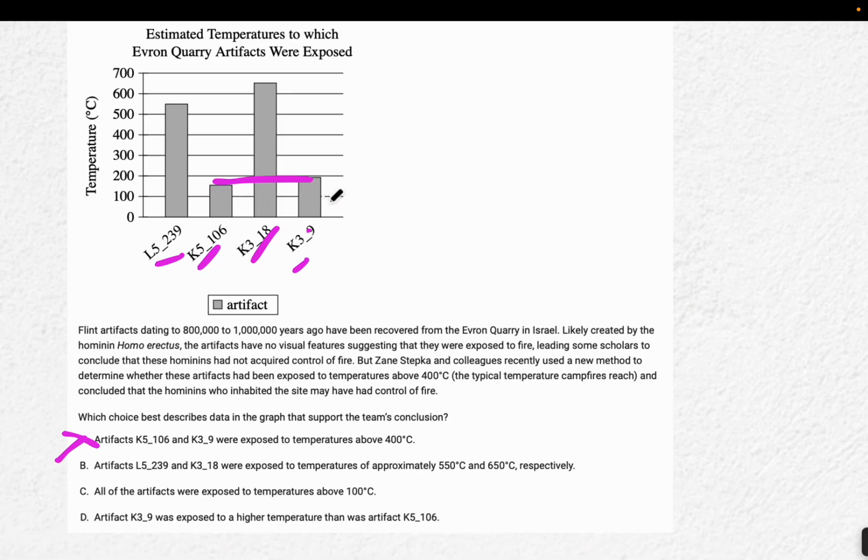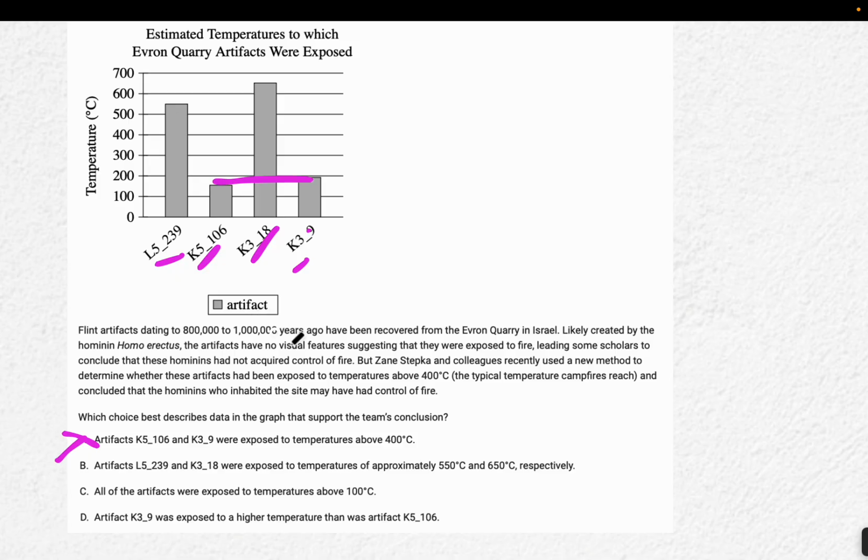Let's see it. This choice does seem correct. My timer ended, by the way. But the thing is, it says the answer is wrong for that one because campfires typically reach over 400 Celsius, so exposure to temperatures of 100 Celsius wouldn't demonstrate exposure to fire.